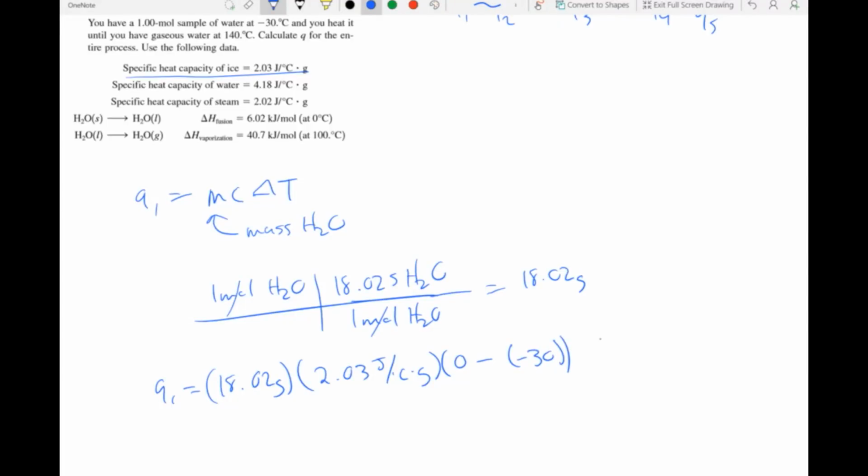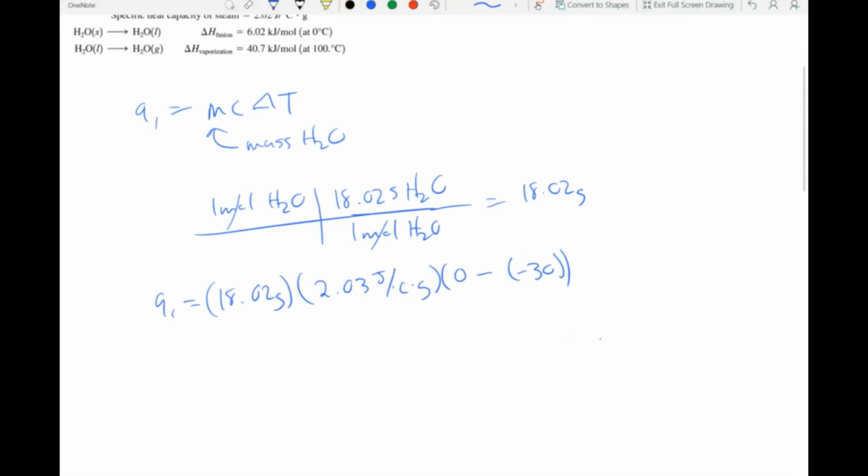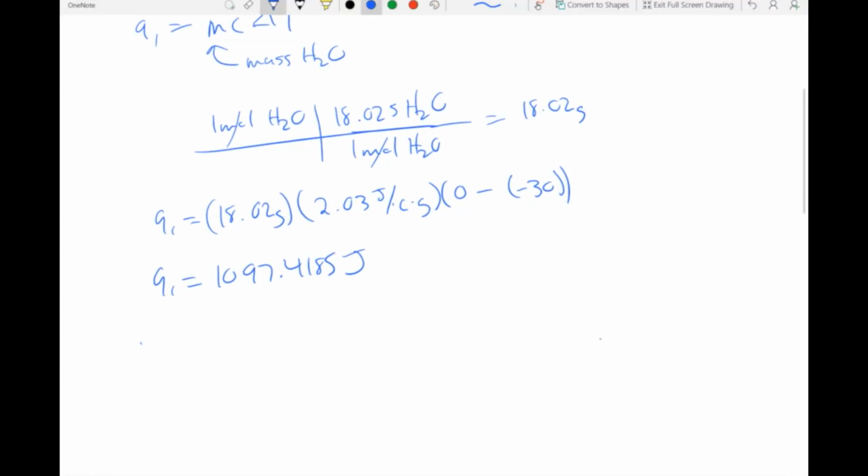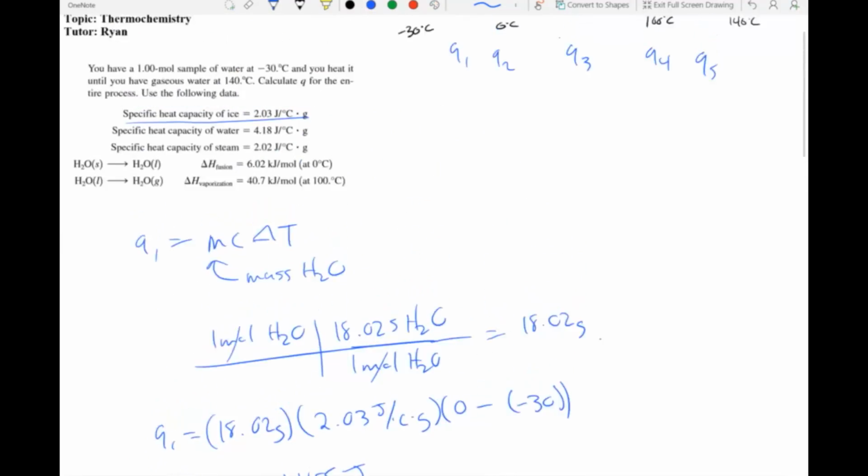That's why I'm putting it in parentheses, because it's always final minus initial. After you calculate this out, you should get 1097.4185 joules.